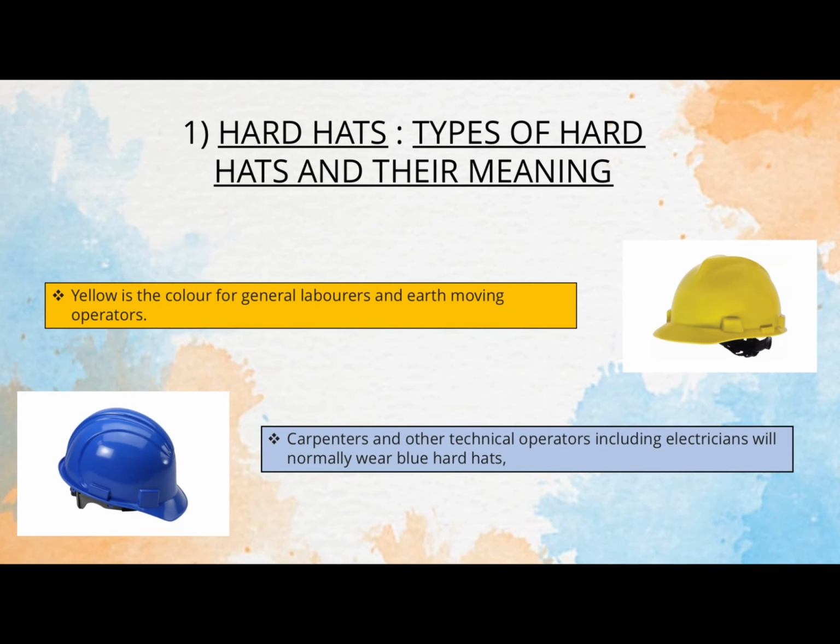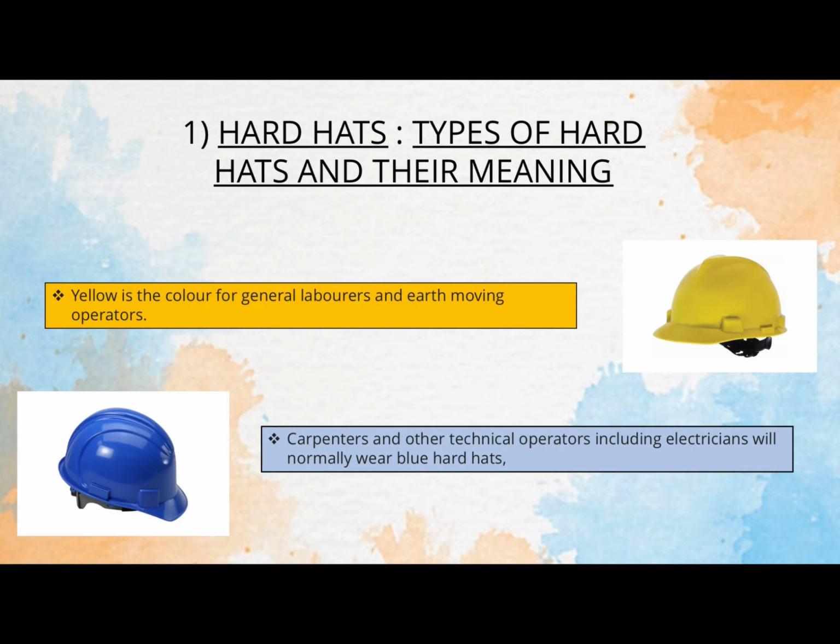First is hard hats. There are many types of hard hats with their meanings. First is the yellow hard hat. Yellow hard hats are usually used for general labor and earth moving operators. Next is the blue hard hat.